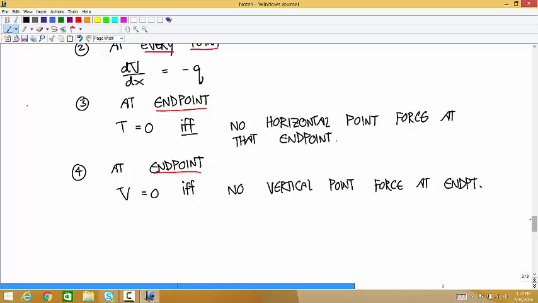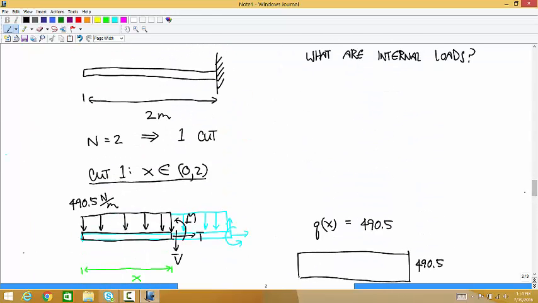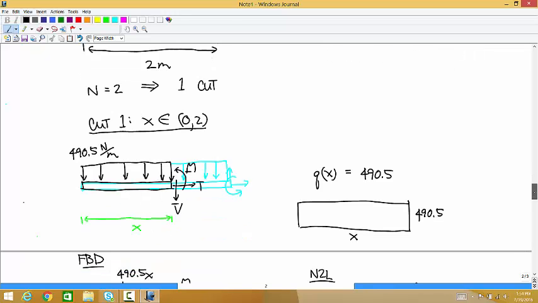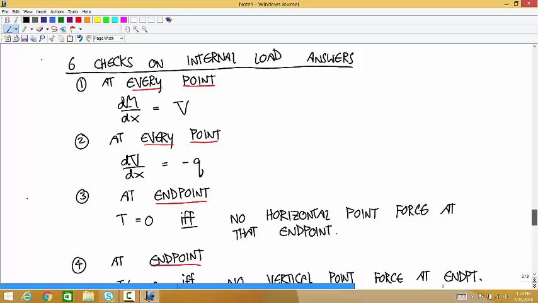Okay, so is there a vertical point force at the left end in this problem? No, not at the left. Right, no point force. And so we'll go to the function v. The left endpoint is represented by x equals 0. So plug in 0 here. You get a shear force that's equal to 0. And so that checks out.